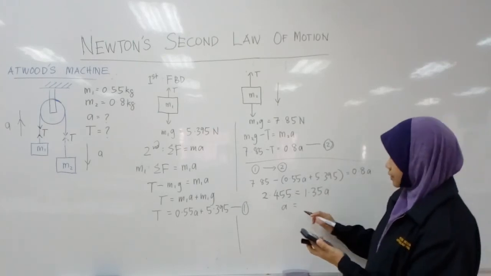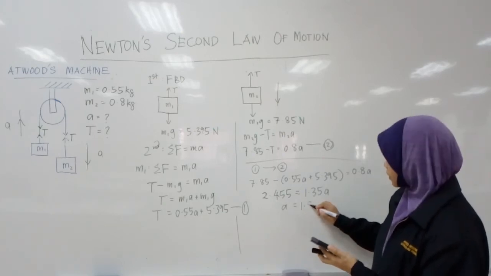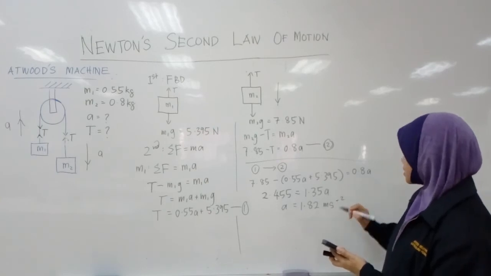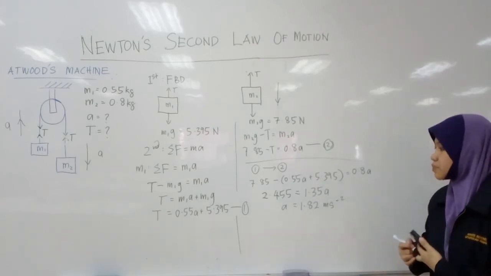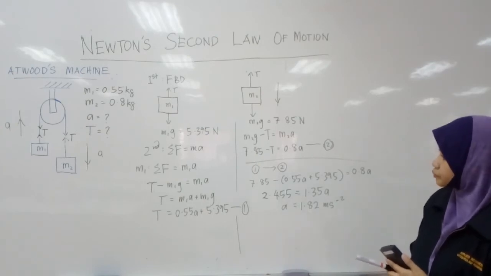So you will get the acceleration is 1.82 meters per second squared. This is the acceleration experienced by both objects, 1.82 meters per second squared.